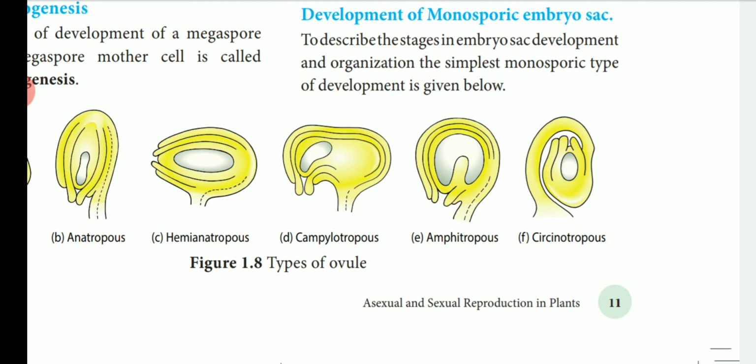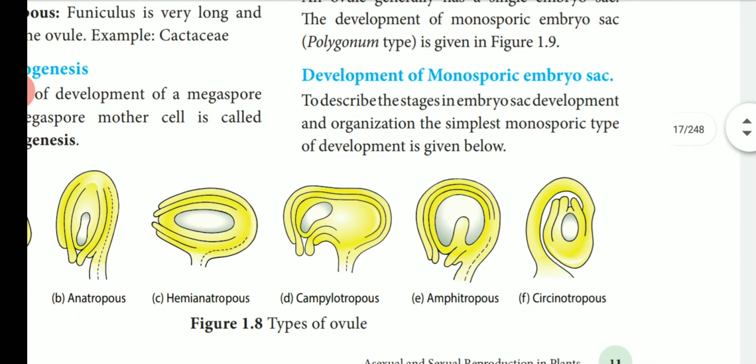The hilum, the micropyle and chalaza are adjacent to one another. An example we can see in the case of Leguminosae. In the Leguminosae family we can see this type of campylotropous ovule.